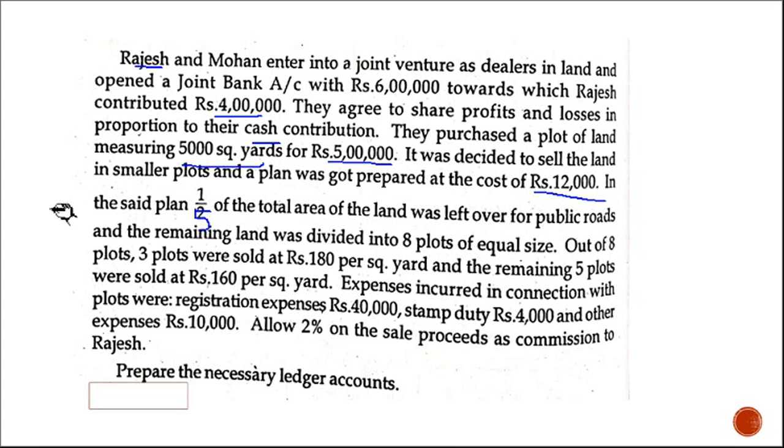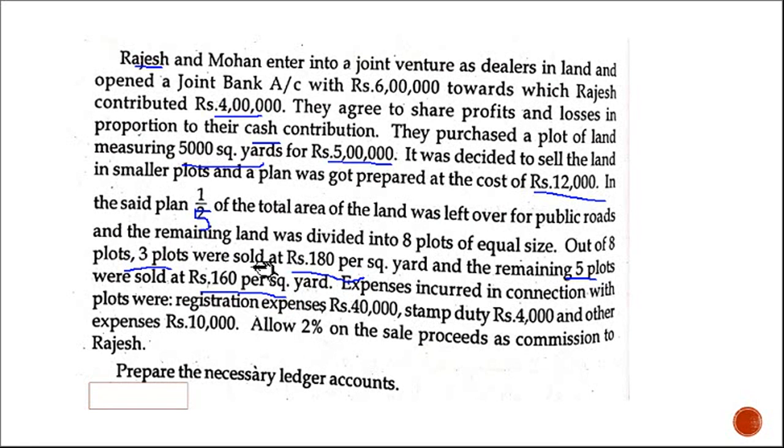Okay, 1/5. And the remaining land was divided into 8 plots of equal size. Out of 8 plots, 3 plots were sold for rupees 180 per square yard and the remaining 5 plots were sold at rupees 160 per square yard.